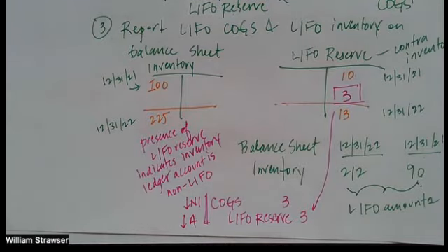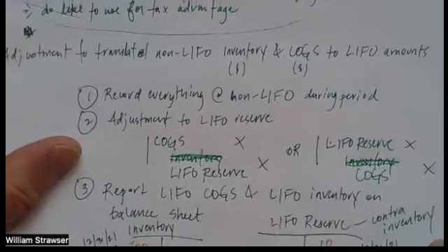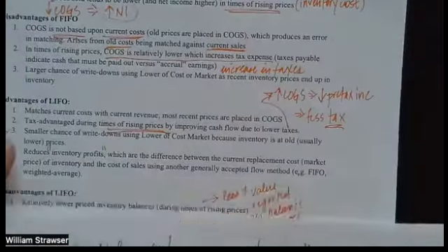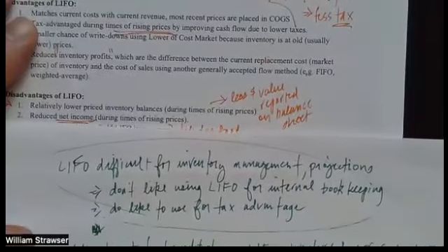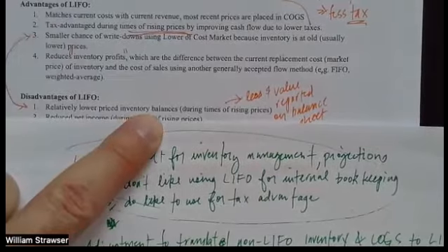And that also makes sense, because if you go back to the advantages and disadvantages of FIFO, one of the disadvantages of LIFO was relatively lower priced inventory balances.